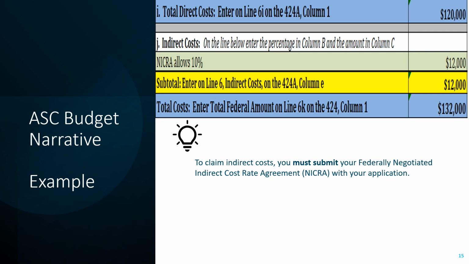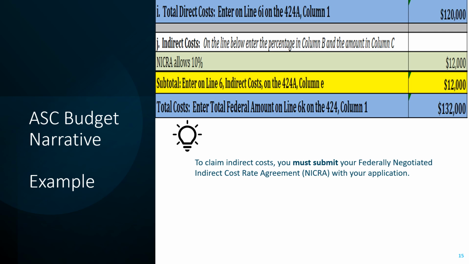You can request that, but you would have to submit your NICRA with your application, just demonstrating or showing that you do have a federally negotiated rate. In our example, let's say our NICRA says that we are allowed 10% of total direct costs.